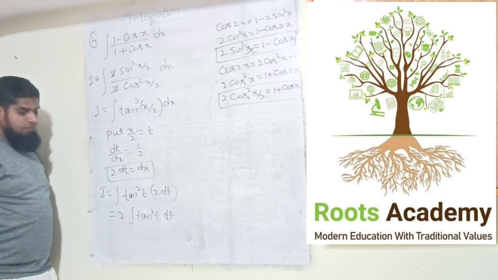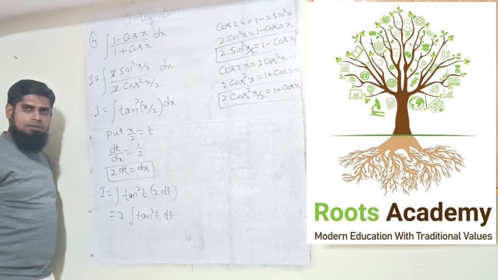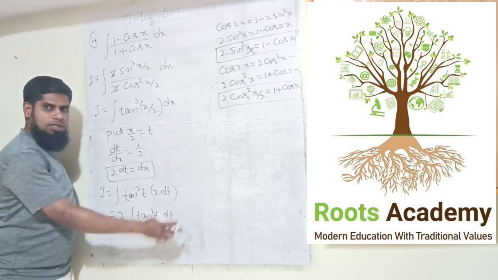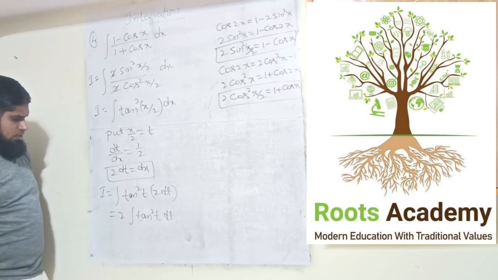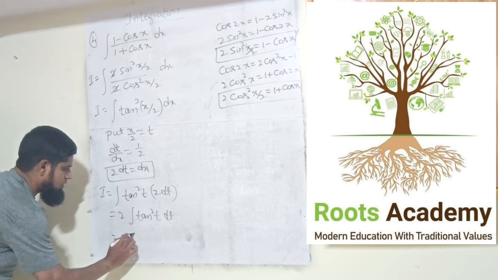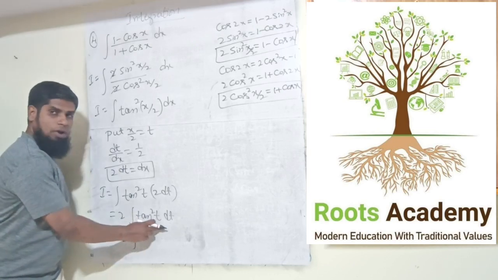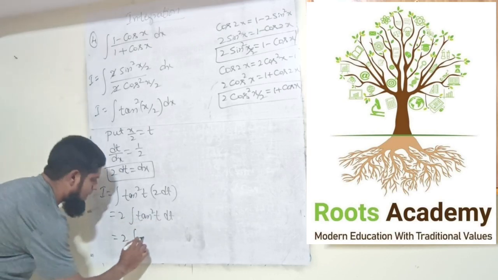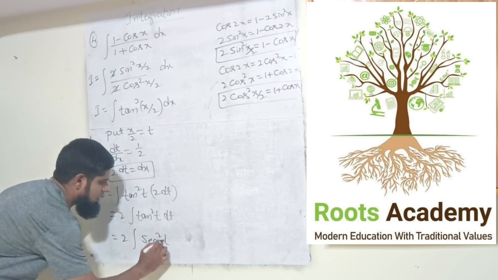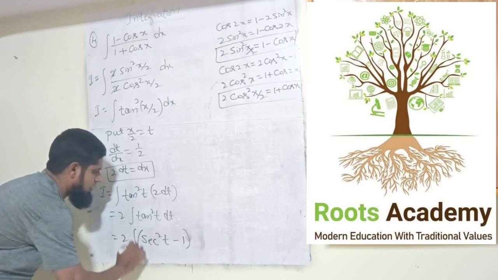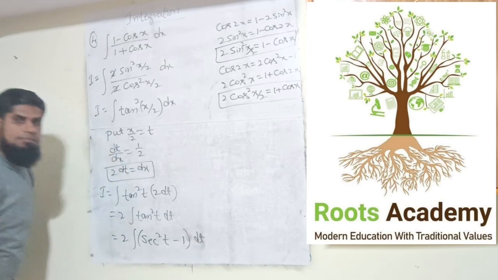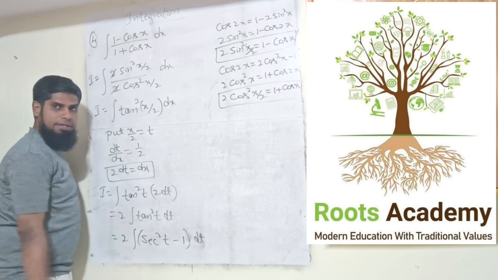Now students, we know that we don't have an integration formula for tan square, so let us convert it using its identity. This 2 stays as it is. Tan square t can be written as secant square t minus 1, according to the identity.